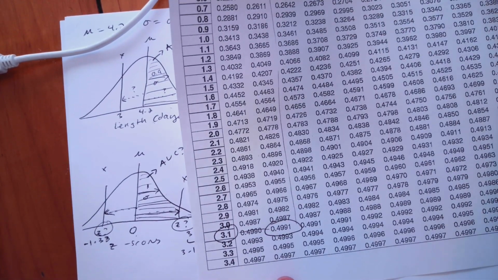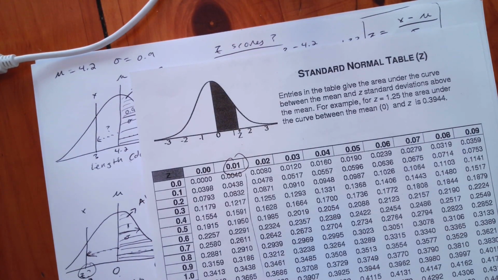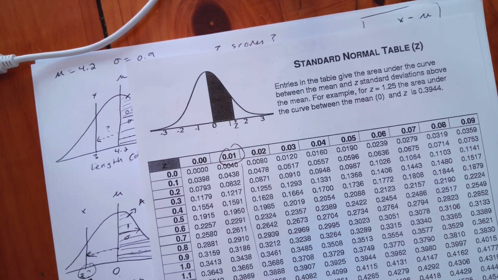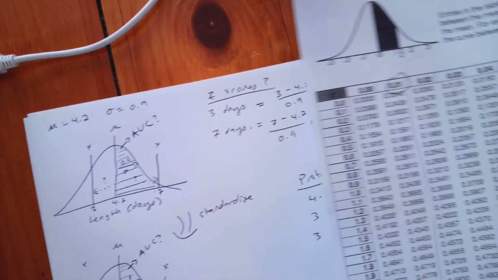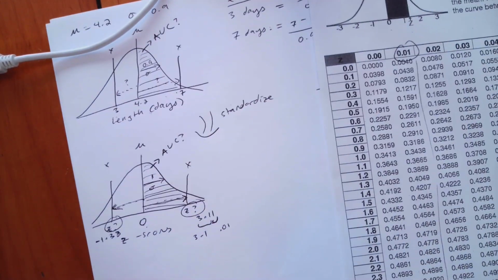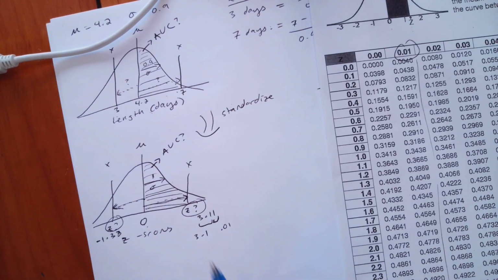So what this tells us is that, according to this table, if you have a standard normal distribution, you're always going to find an area under the curve between the mean and a particular z-score of 0.4991 when that z-score is 3.11. In other words, we found the area under the curve that's shaded here. And we did that by looking it up on the table with our z-score of 3.11.